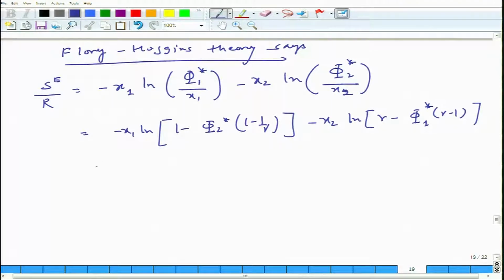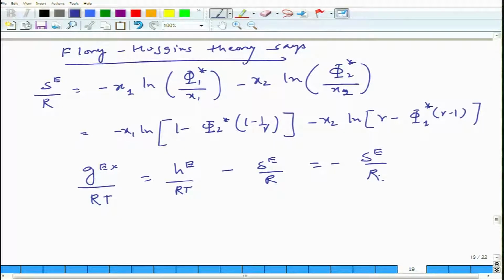Now, we know that this is an athermal solution as far as the Flory-Huggins theory is concerned. So, G^E by RT is H^E by RT minus T S^E by RT, which is nothing but minus S^E by R. Okay. So, now you have the handle on G^E. So this is the same as this.